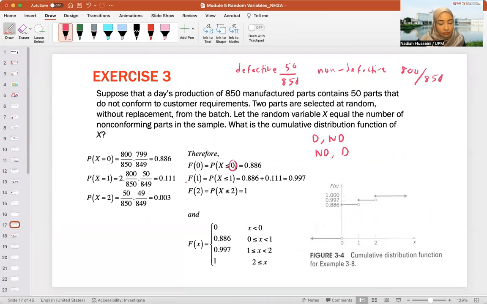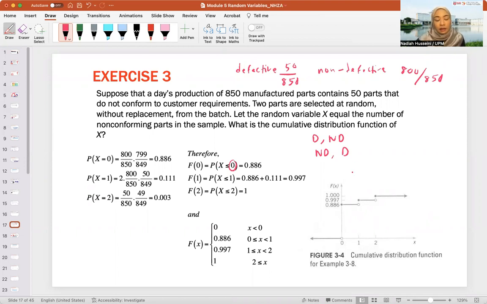And then if you have capital F in bracket 1, it means the probability that random variable x is equal to 1 or less, right? And also the same case, F in bracket 2 is equal to the probability that random variable x is equal to 2 or less than 2 or anything before that.